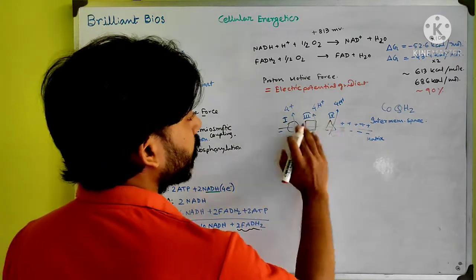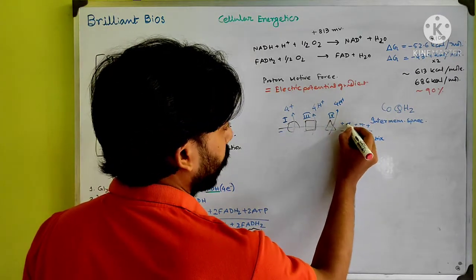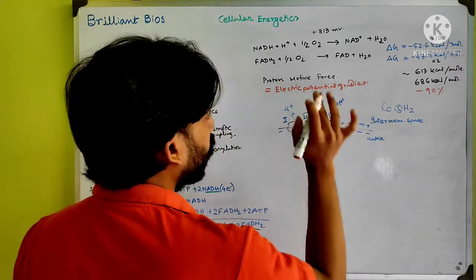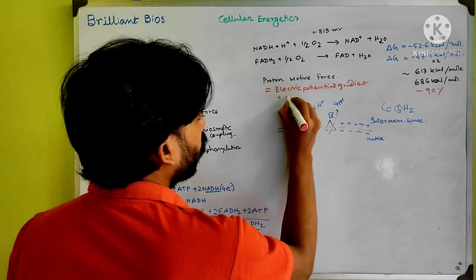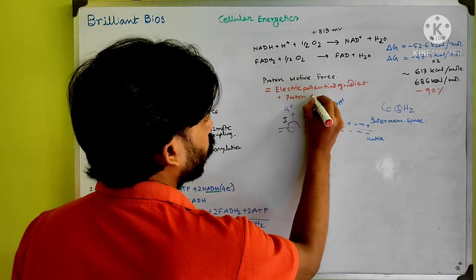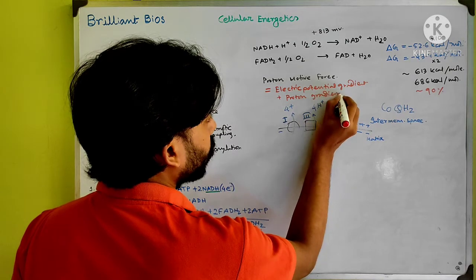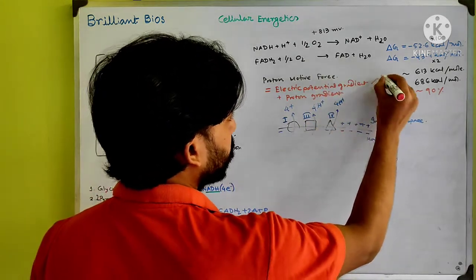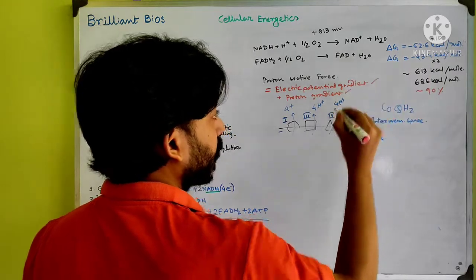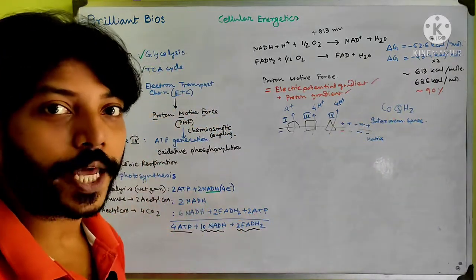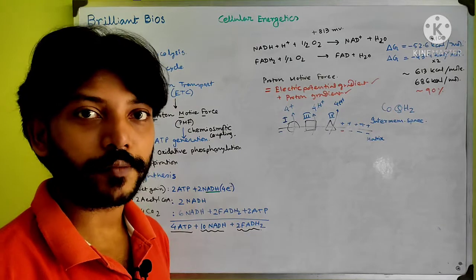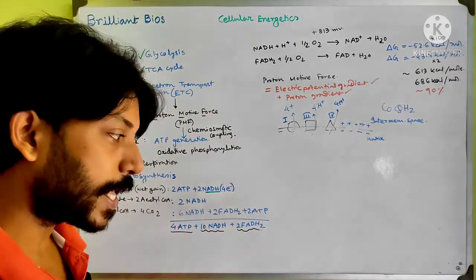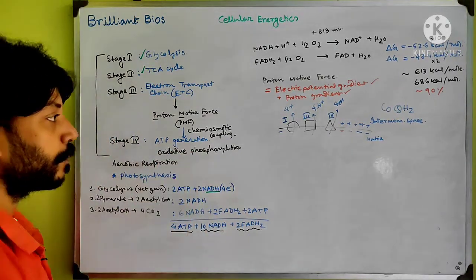So an electric potential will be generated like this, plus or minus I am showing here. Also a proton gradient will be generated. If we think about these 2 components, this is the electrical property and this is the chemical property, and both contribute to the formation of proton motive force, which helps in the generation of ATP.